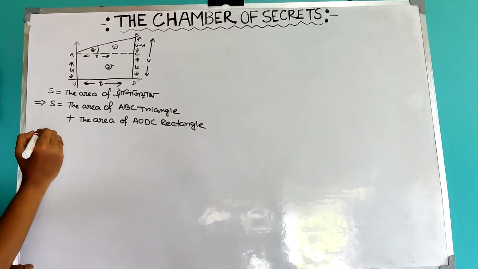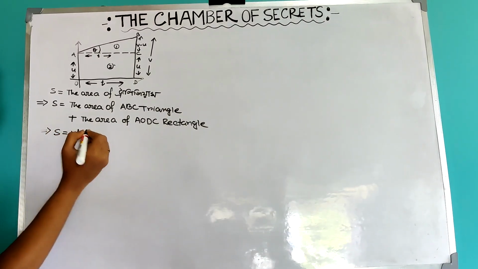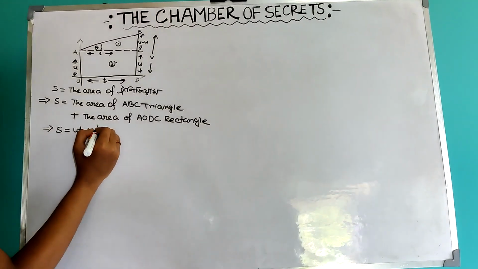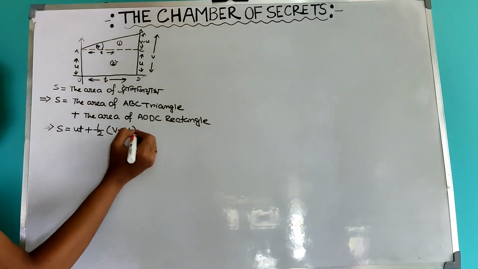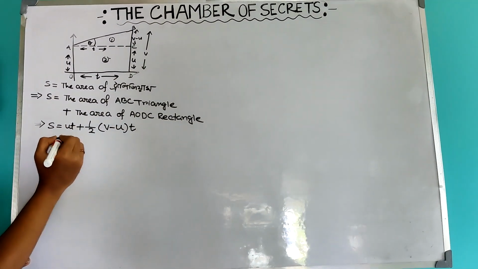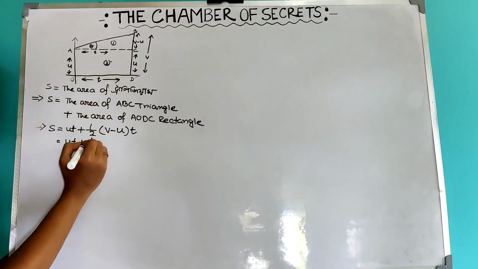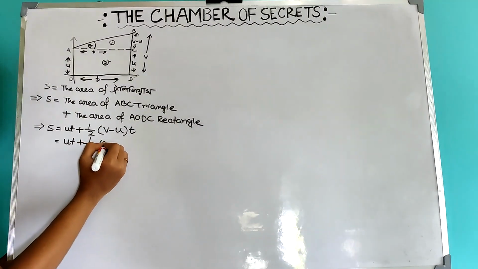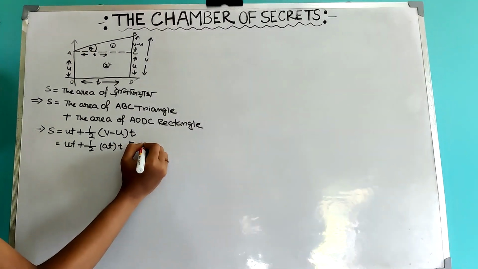So we can write now that S is equal to ut, I mean the area of the rectangle, plus half into (v minus u) into t, that means the area of the triangle. So we can write ut + ½at², because v minus u is equal to at.